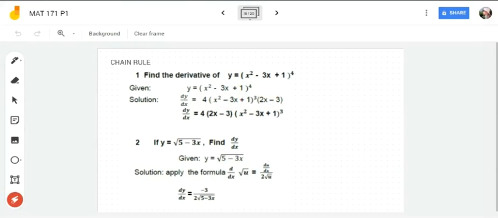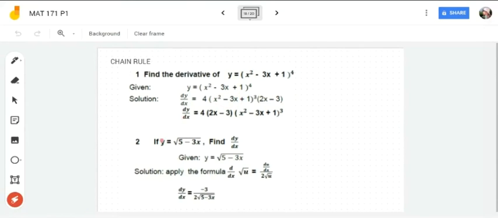Okay, next for the chain rule example, we have y is equal to the square root of 5 minus 3x. So getting the derivative of that, we will be using the formula for the square root of u, that is du over dx over 2 square root of u.